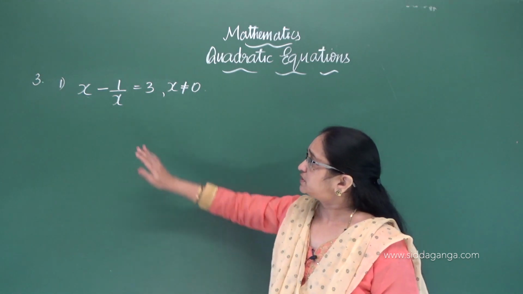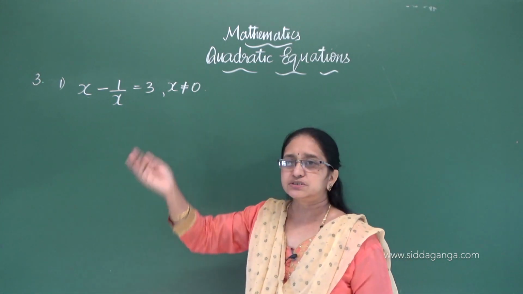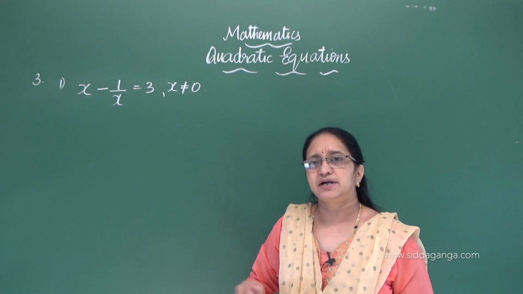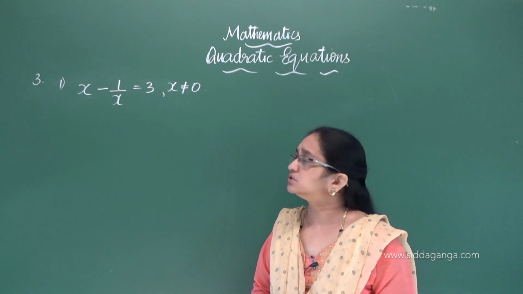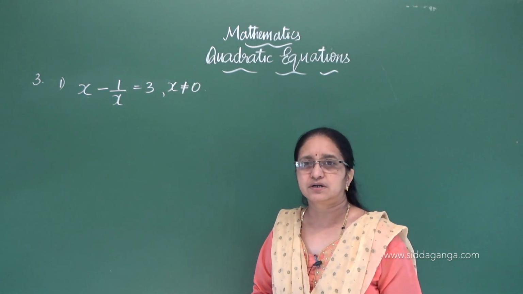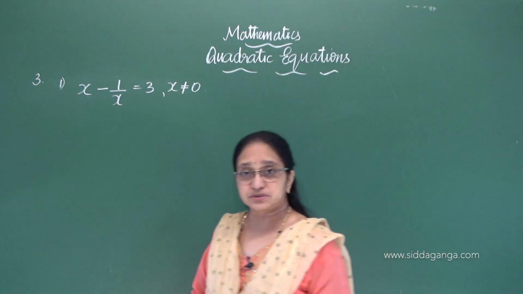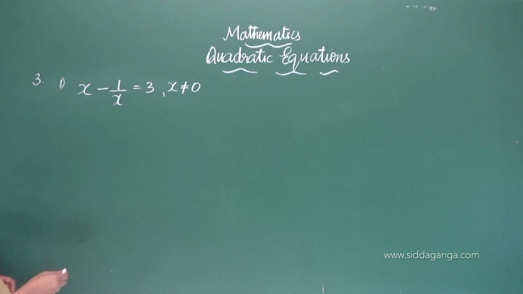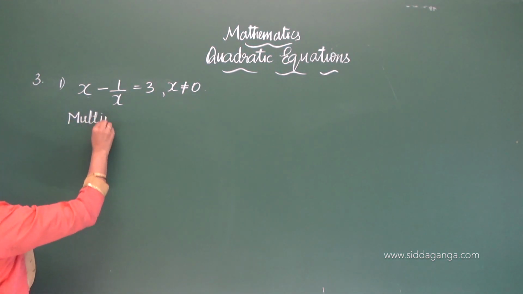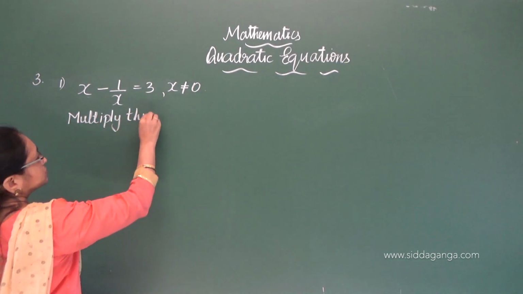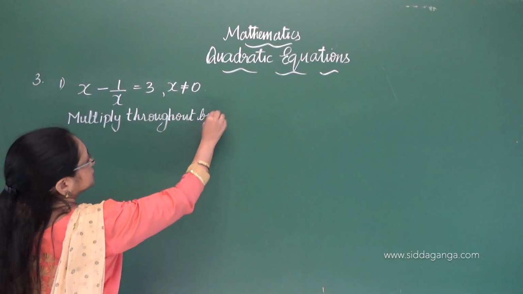Now, when the problem is like this, first you have to convert this into the standard form and then you have to proceed as usual. How we did yesterday, I showed you the methods, that is using the quadratic formula you can do it. Now first let us convert into the standard form. For that, you need to multiply throughout by x.